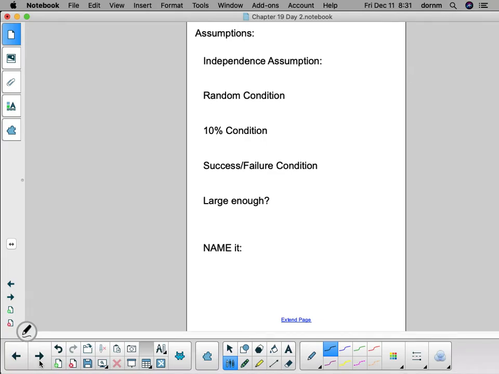An independence assumption, yes, each bag is an independent sample. Okay, random condition.